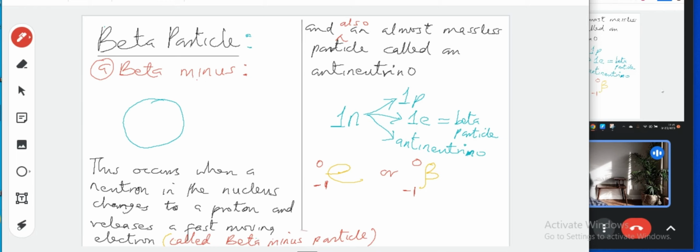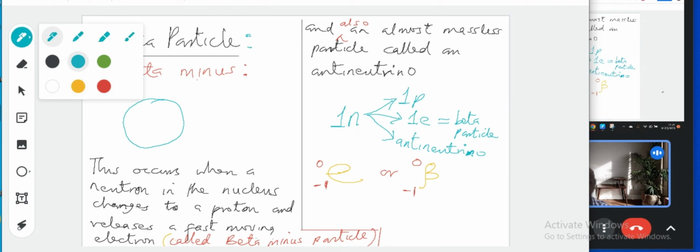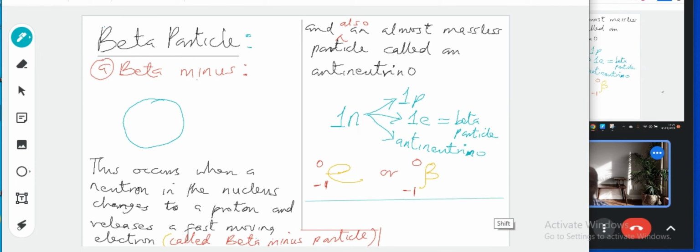Please, all of this is to help you understand how to write the notation. So if an object releases a beta minus, I don't want to go to the next page. Let me explain all these things here, so I don't have to keep coming back to this page.